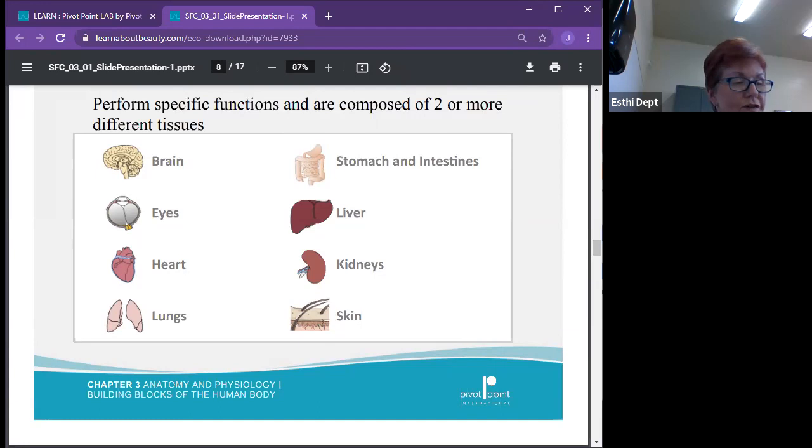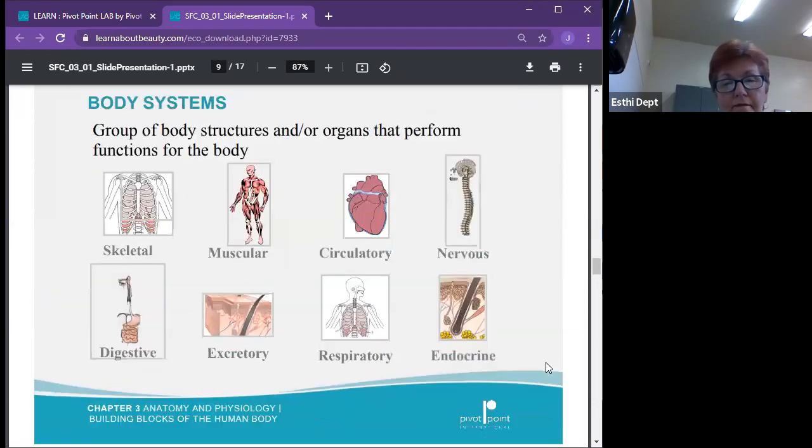Okay, then you can turn the page of your study guide or handout, and it should have body systems next. Body systems are groups of body structures and/or organs that perform functions for the body.